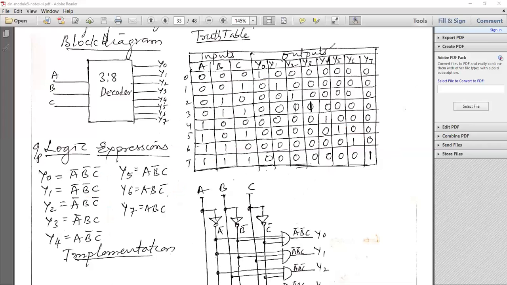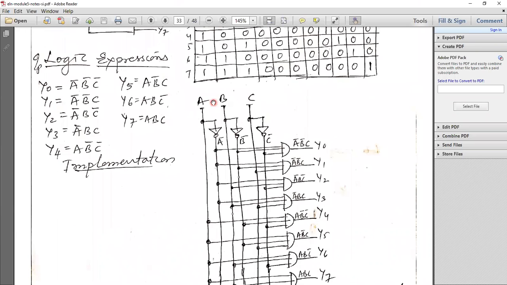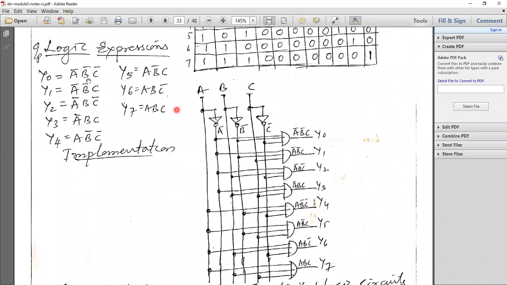Now, whatever logical expressions we derive for the outputs Y0 to Y7, those will be implemented in basic gates. So write, how many AND gates do you need? 1, 2, 3, 4, 5, 6, 7. So 0 to 7, 8 AND gates we need.